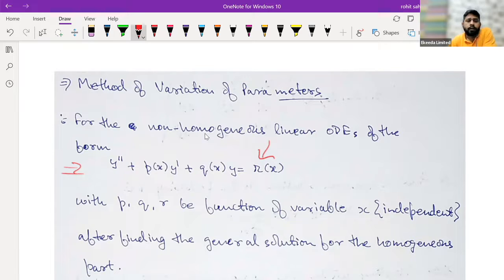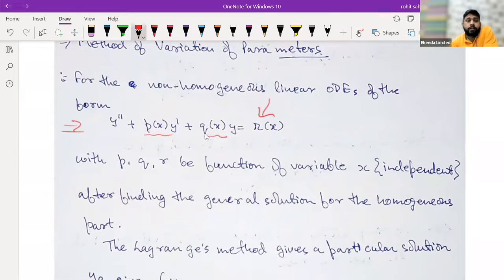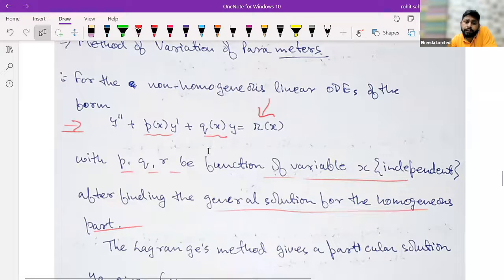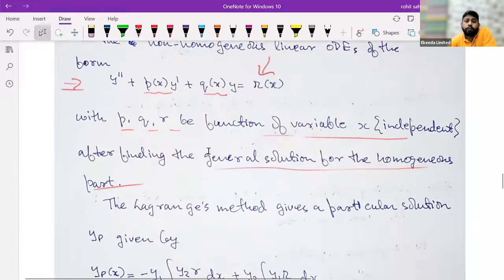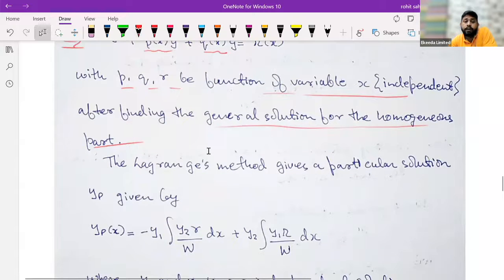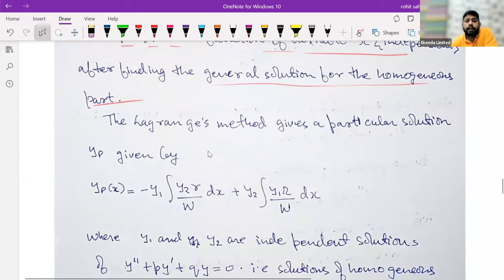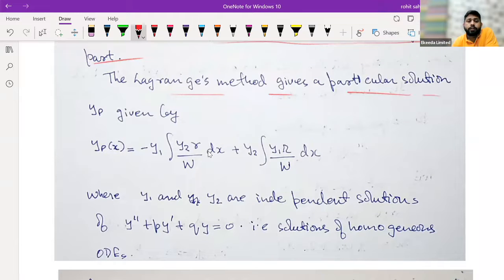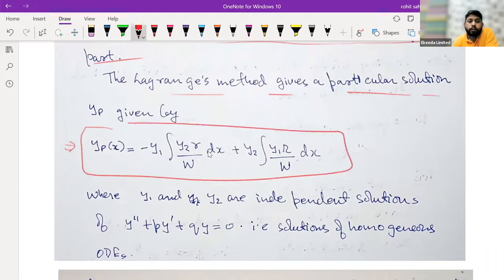Of course, here if you look at the variation of the parameters, you can see that px, qx, we haven't mentioned it to be constant here. We have mentioned it to be function of x. So with p, q, r be function of variable x that is independent. After finding the general solution for the homogeneous part, there is one formula, the expression for finding the particular solution, and that is Lagrange's method which gives a particular solution, and that is given by this expression, which you will have to use.